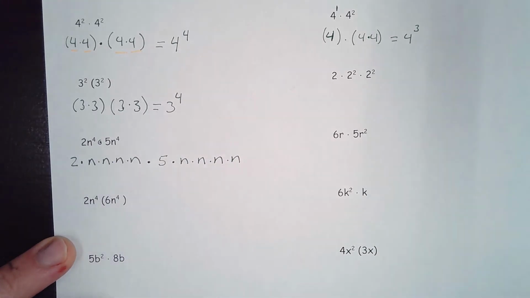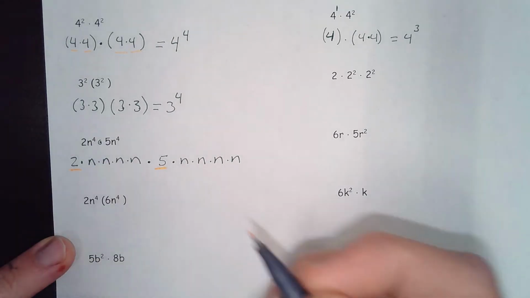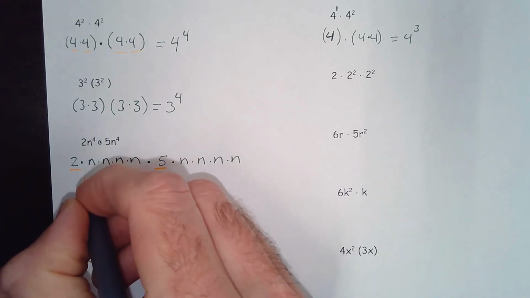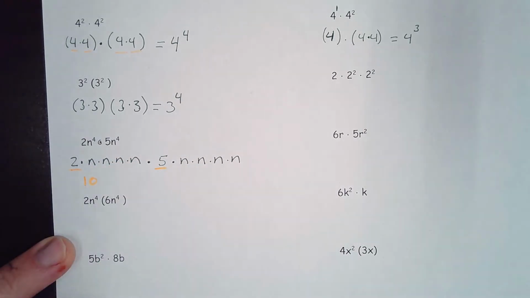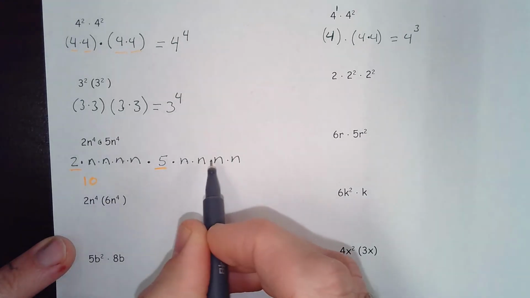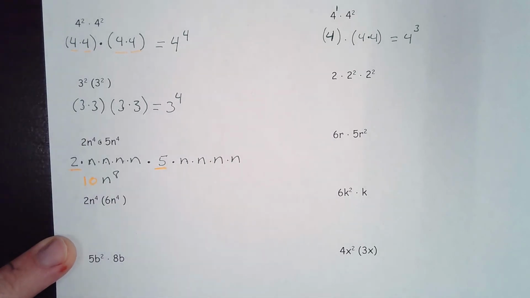Now let's multiply our numbers first. If I multiply 2 times 5, I get 10. And then I have 1, 2, 3, 4, 5, 6, 7, 8 n's, n to the 8th, so 10 n to the 8th.